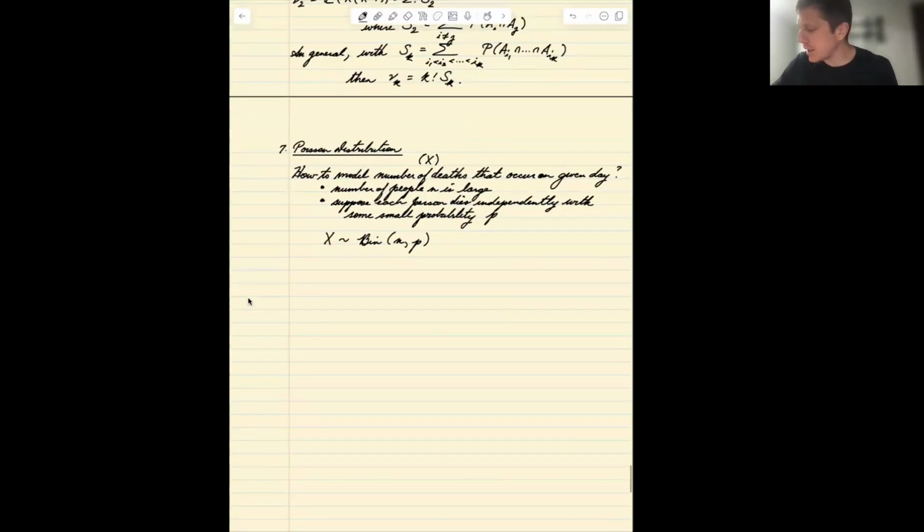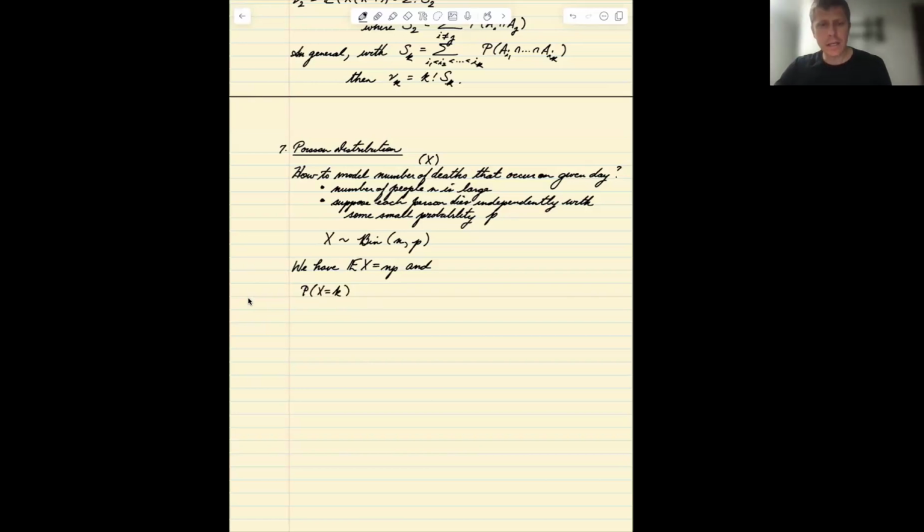So we've already calculated this: the expectation of X is n times p. And what can we say about the probability of X equal to k?